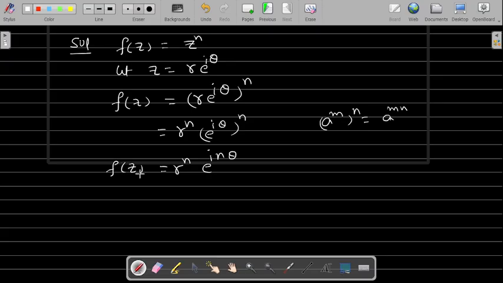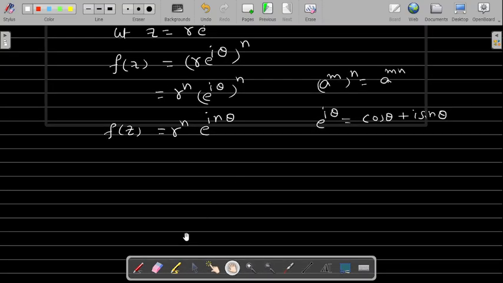This is f of z. Now e power i theta is cos theta plus i sin theta, so the same thing applies with n theta: r power n, cos n theta plus i sin n theta.